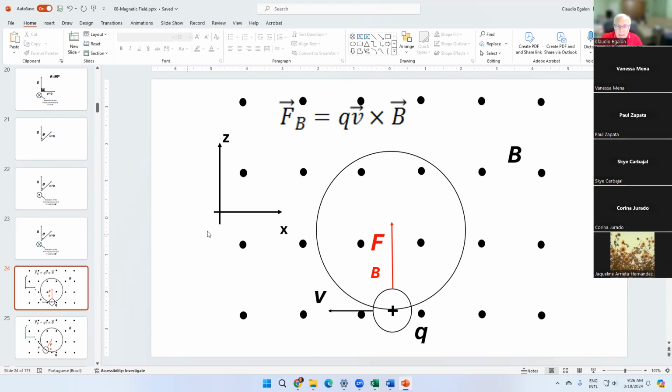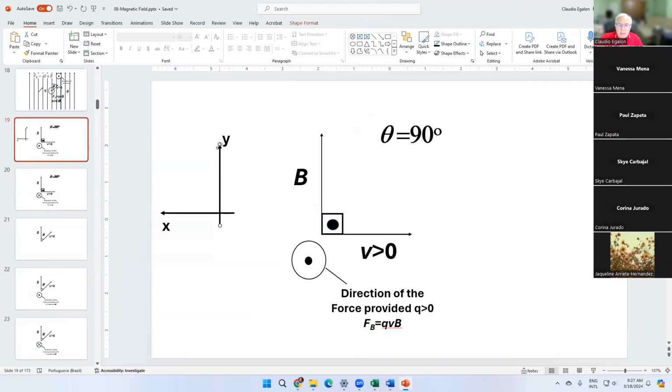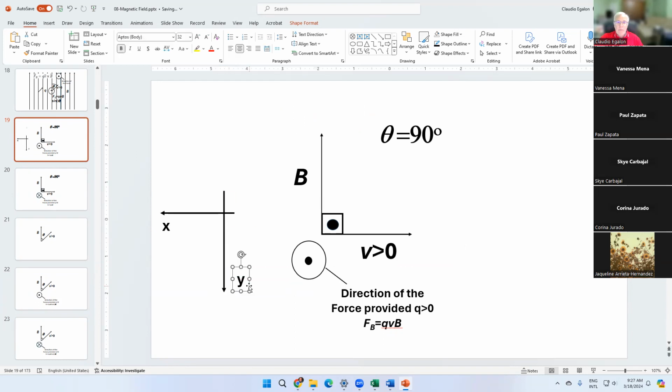Oh, well, wait a minute. I made a mistake here. X is correct. The Y is incorrect. The Y has to be downwards. That would be the right one. And of course, the Z is coming out of the page.